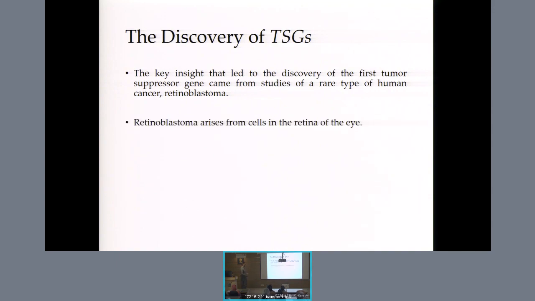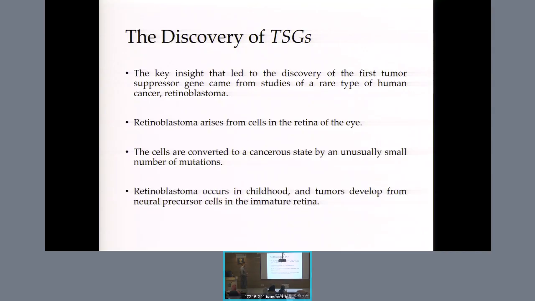Retinoblastoma arises from cells in the retina of the eye. The cells are converted to a cancerous state by an unusually small number of mutations. RB, retinoblastoma, occurs in childhood, and tumors develop from neural precursor cells in the immature retina.